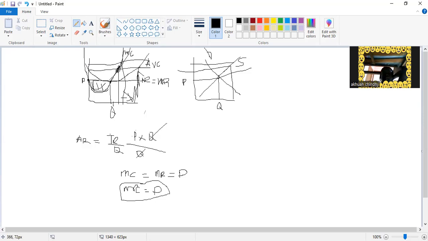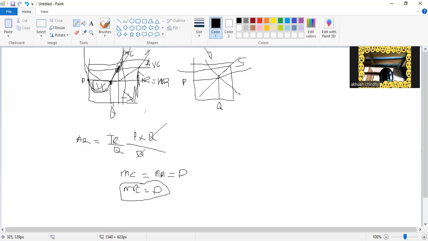So from this point upwards becomes the firm's short run supply curve. So the firm is ready to produce additional units only if the price in the market is high. So that's why it's the marginal cost curve, not the average variable cost curve.